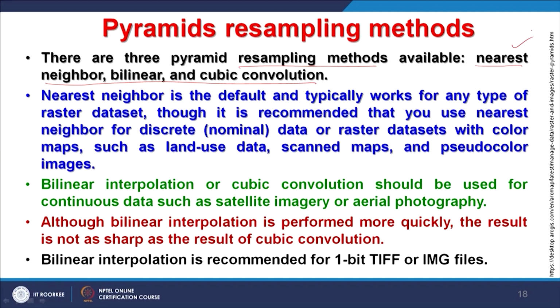In the nearest neighbor, whichever pixels are near to the target one, their values are taken. But in bilinear or cubic convolution, the values of all the surrounding pixels are taken. So in that way you can construct the pyramid in a much easier way.